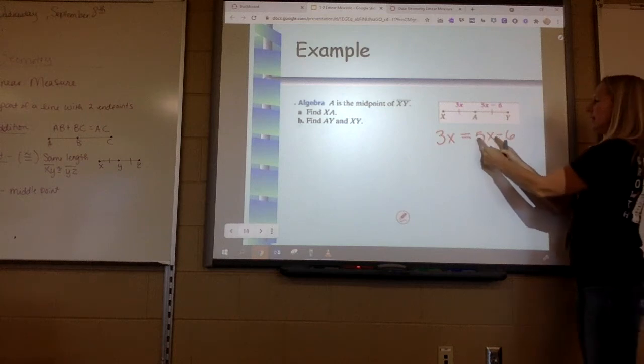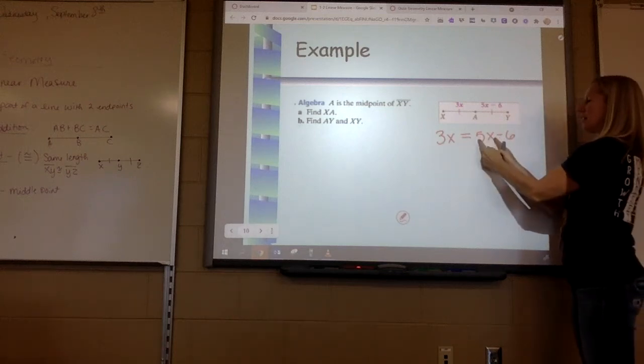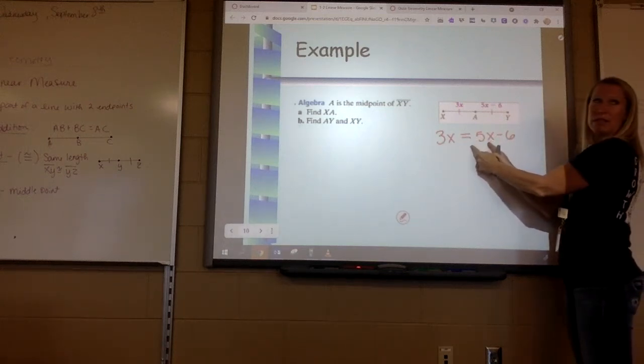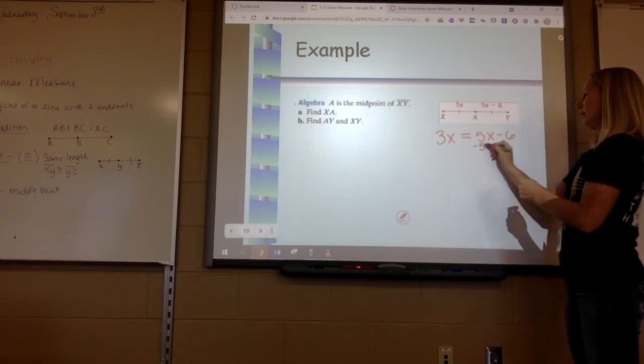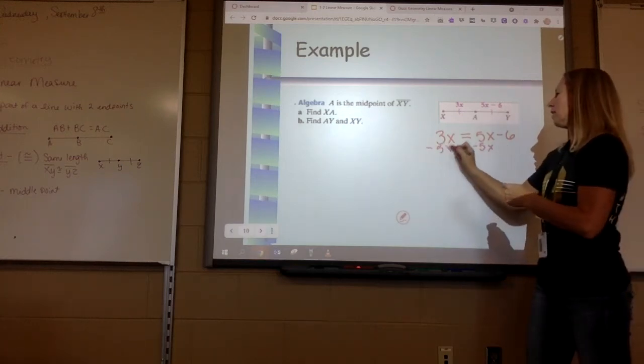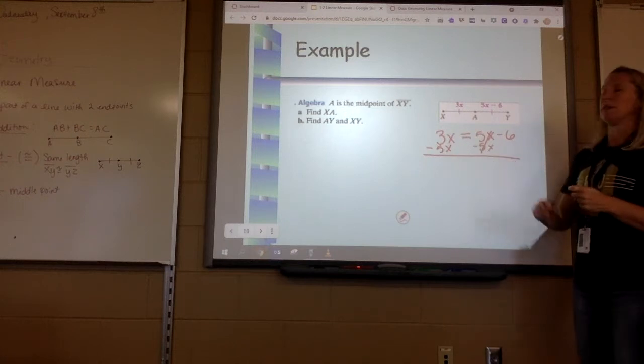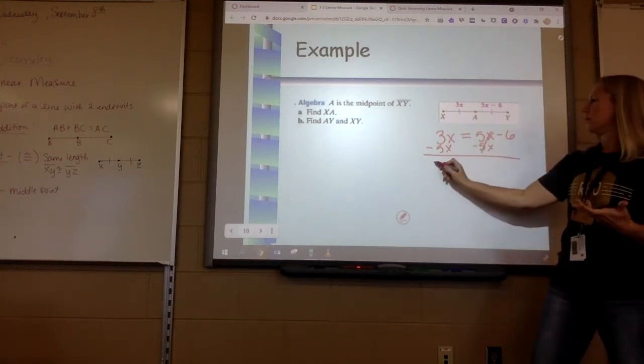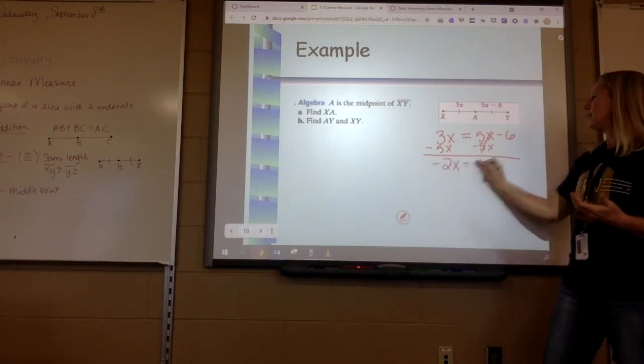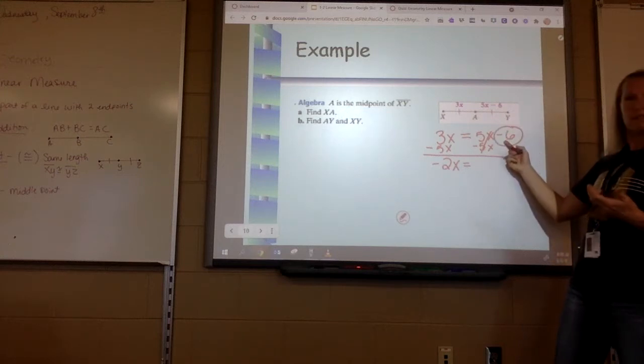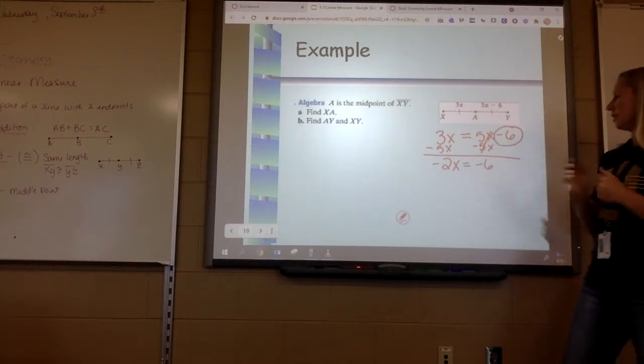I want to get my x's together. See how that 5x is positive? I've got to minus it. Minus 5x, minus 5x. What's 3x minus 5x? Negative 2x. Negative 2x equals, don't forget the negative sign, negative 6.